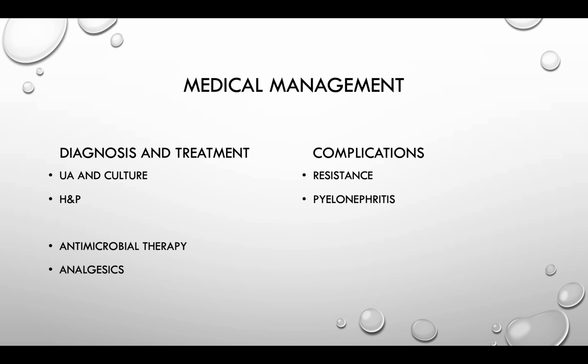When we look at an actual urinalysis, though, there are a couple of things that we're probably going to see if a patient actually has a urinary tract infection. First of all, we're probably going to see that the UA is positive for leukocyte esterase and nitrates.